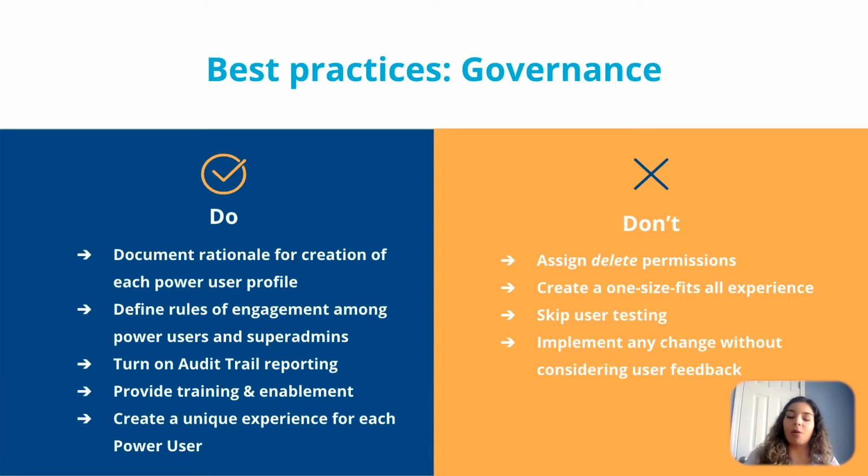So as well, we don't want to create just a one-size-fits-all experience. Our power users are also our stakeholders. We need to make sure that whatever they're doing, they can do it well, they can do it successfully. That way, again, it'll minimize what you have to do and how much you enable people, because that user experience is already clean and takes less explanation and enablement, right?